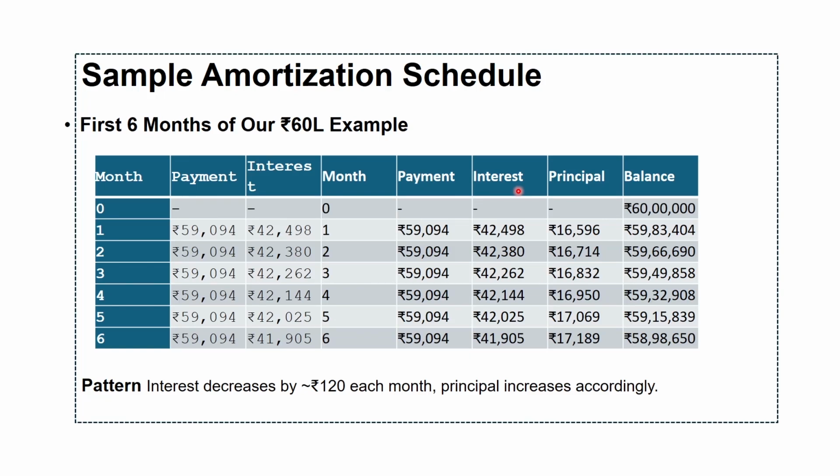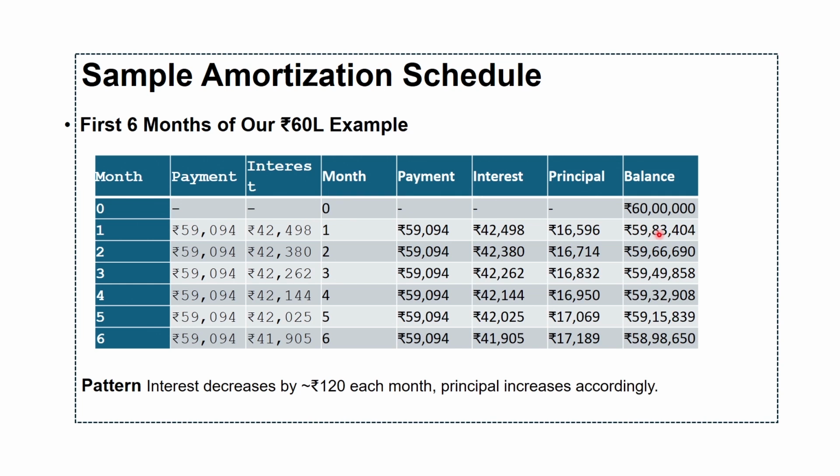So, here we can see that in month 1, payment is 59,094, interest is 42,498, principal is 16,596, and balance remaining is 59 lakhs 83,404.